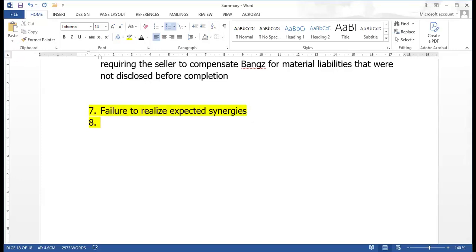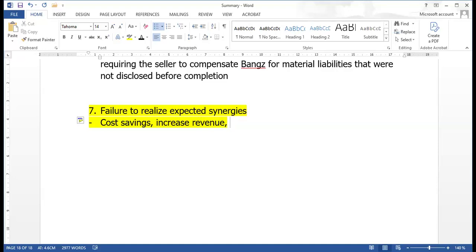Whereby you as the acquirer, the bankers, may expect the combined business to generate cost savings, to increase revenue, and to have increased operational efficiencies. All these may be overestimated or may take longer to achieve than anticipated.